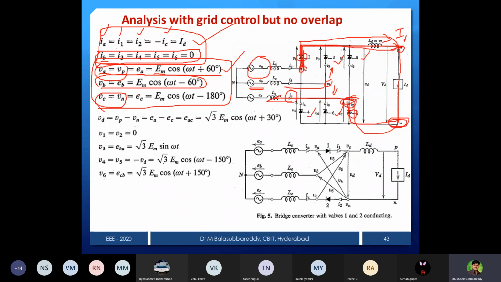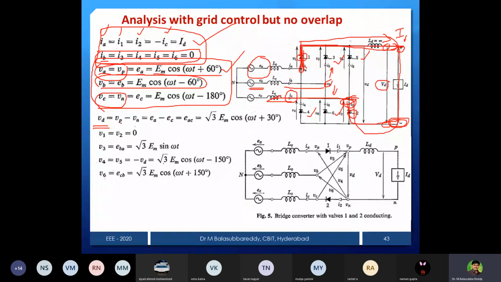Now once you know that, I want to know what the VD is. VD means voltage across this. How will you get VD? Now we can see this pole and this pole, I want the difference of these, which will give VD. So that is nothing but VP minus VN, that will give VD. Very straightforward question.